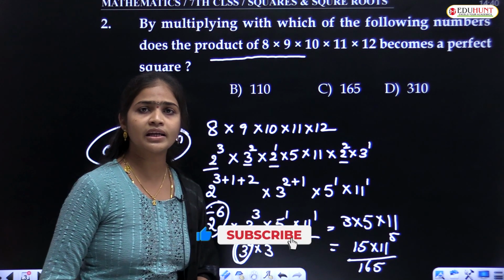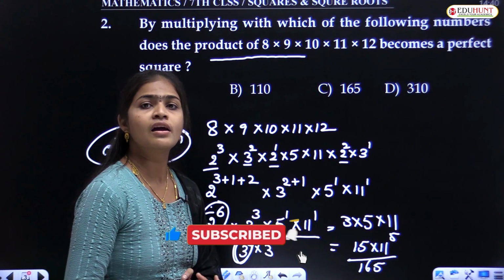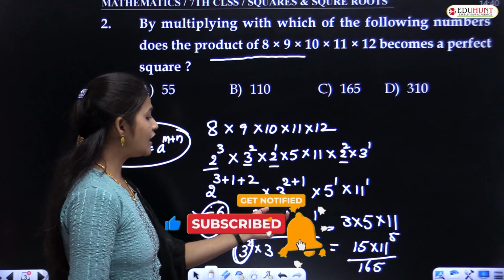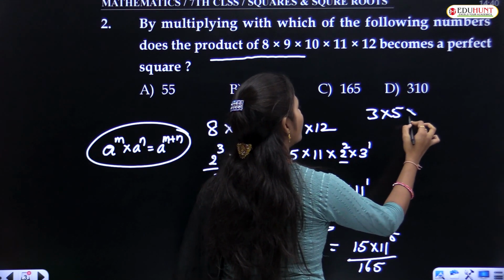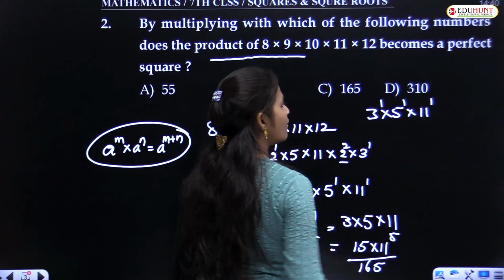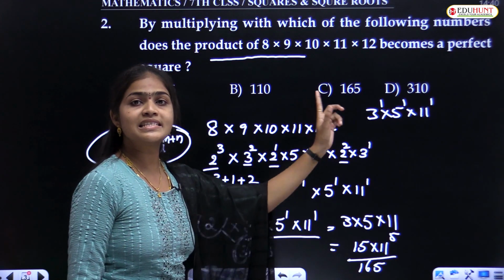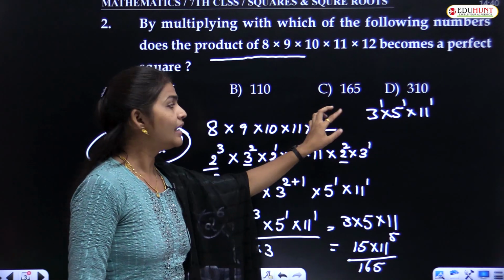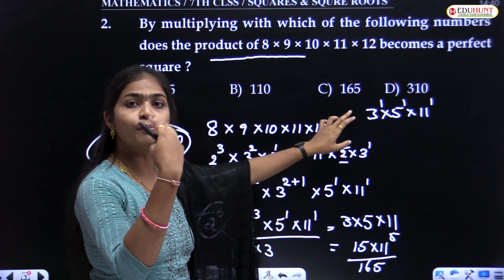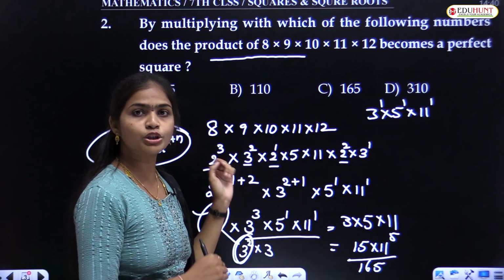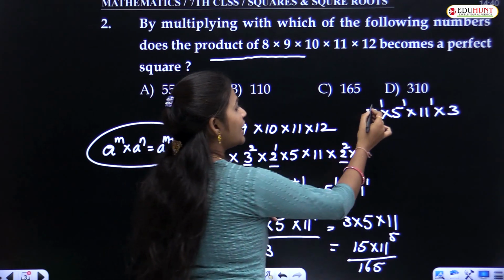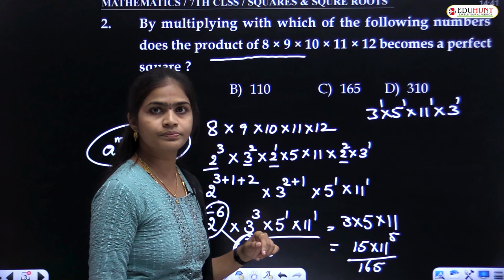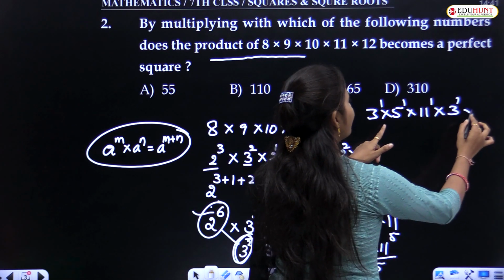Why do we need to take the product of the leftover ones? Because here we have 3 into 5 into 11, each with power 1 only. To make these pairs, we need to multiply. Here 3 is only one time. If you multiply 3 one more time, then here 1 plus 1 is equal to 2, no? Next, 5 is only one time.